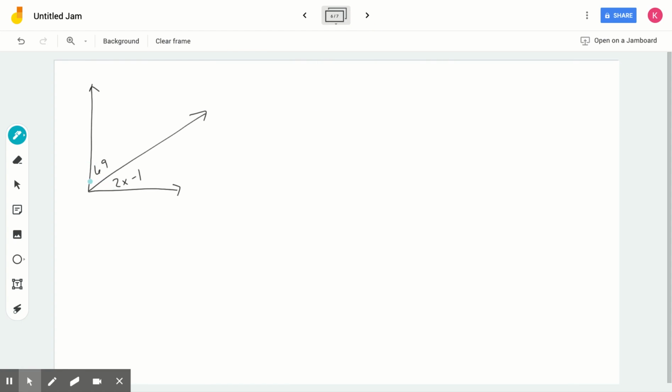Now we take our knowledge of right angles here. These are adjacent angles because they share one vertex and a common side. But since they are adjacent and make a right angle, we are going to set up our equation to equal 90 degrees, since we know that a right angle equals 90.